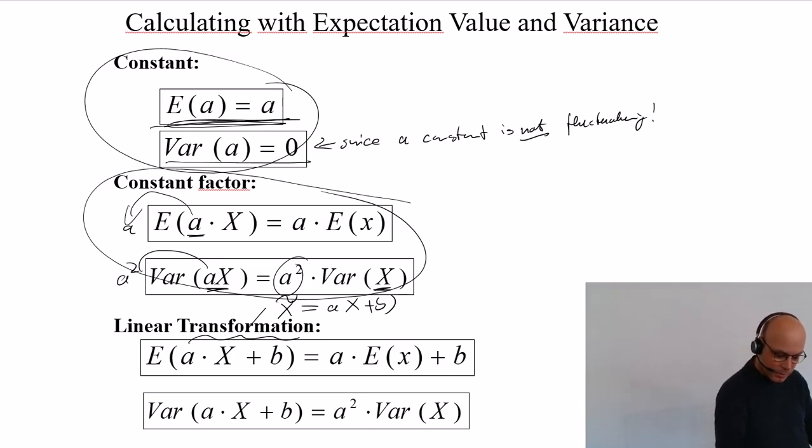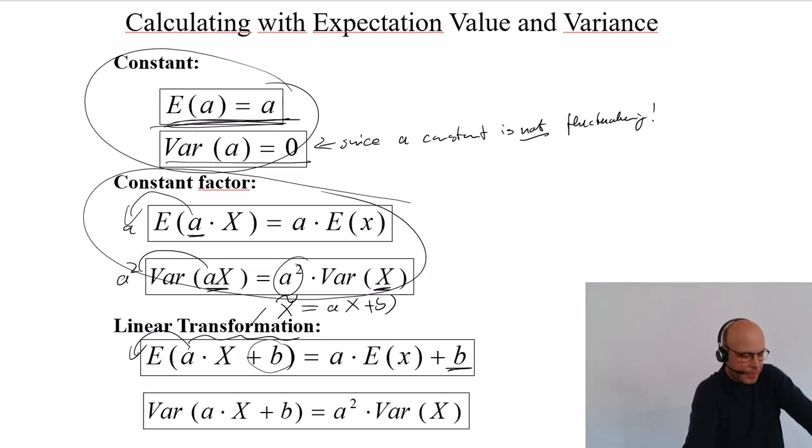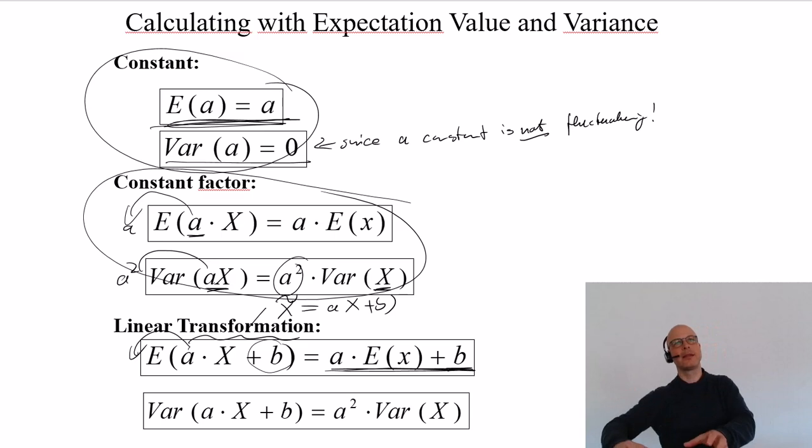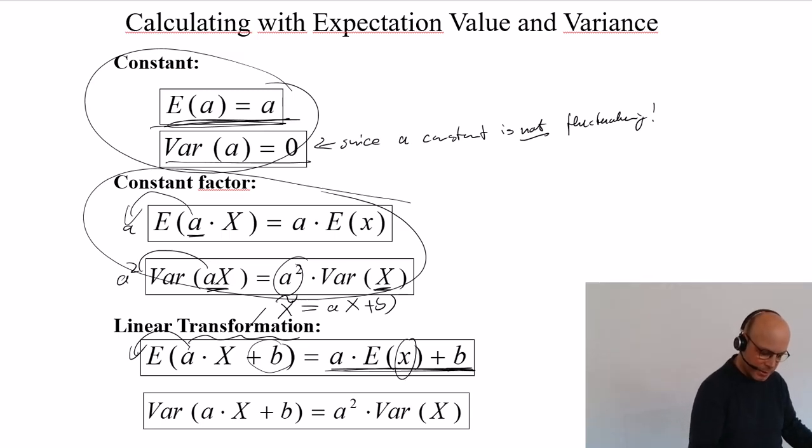Well, we know that the expected value of a constant is the constant itself, and we know that we can take outside the multiplied constant, and this means that the expected value of a linearly transformed random variable translates just into the linearly transformed expected value of the, this should be a capital X, sorry, the expected value of the original random variable.